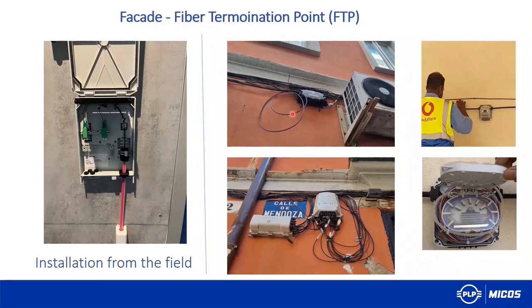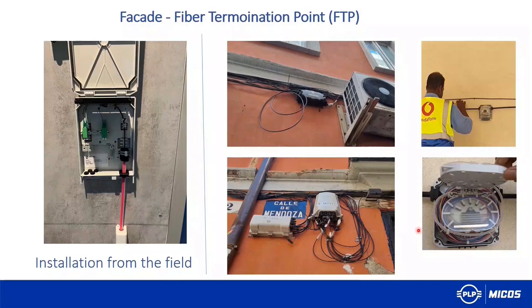This one is taken in Valencia, both of them. And you can see how they use the outdoor connectors in this case. And this one is, I would say, Oman, or yeah, probably Oman. So this is the installation of the facade box during the pilot installation for a large incumbent.